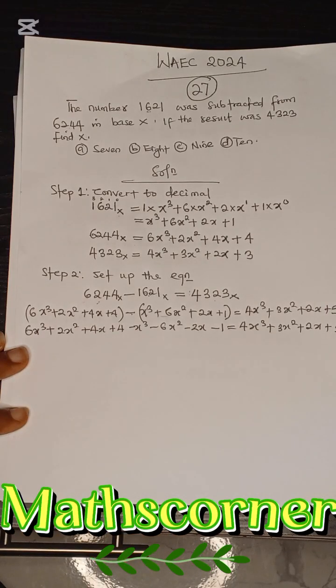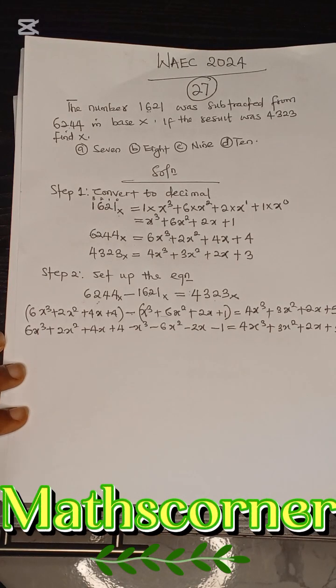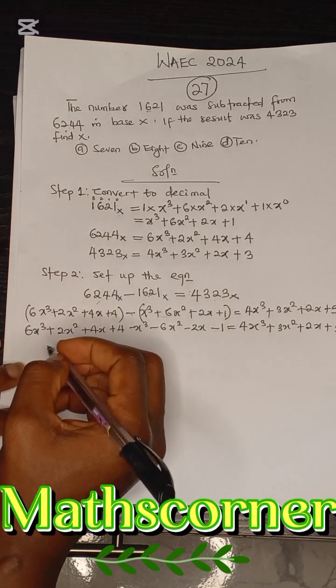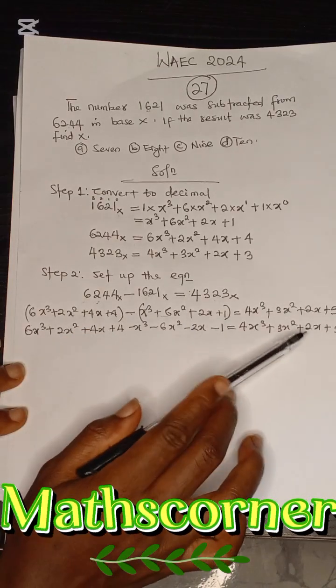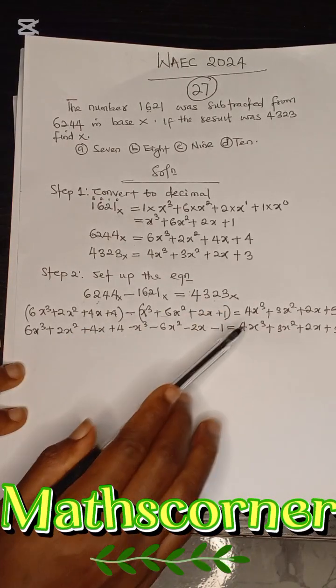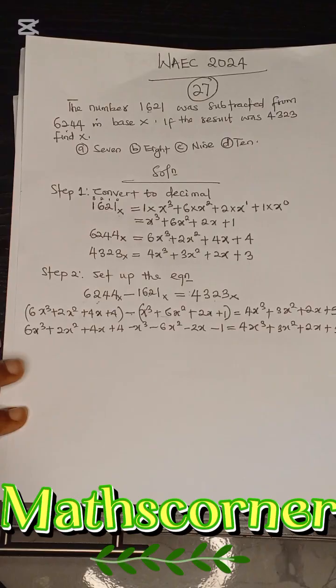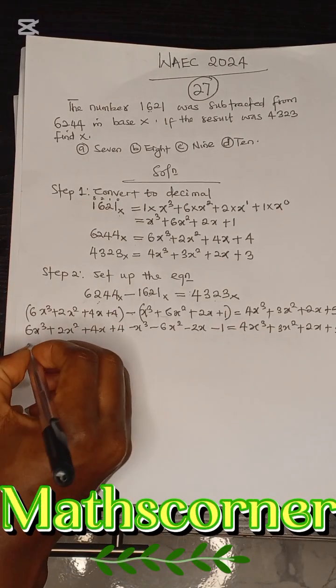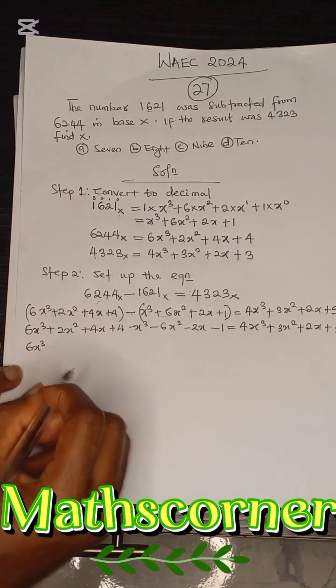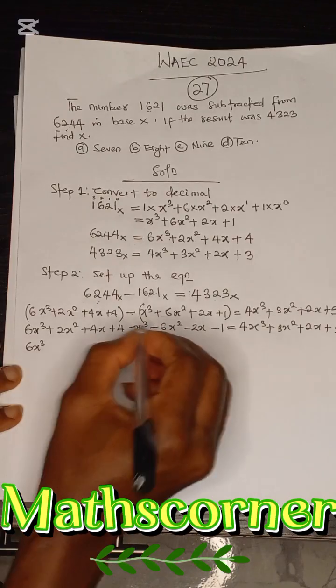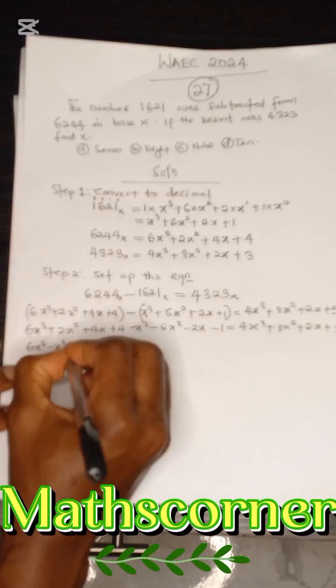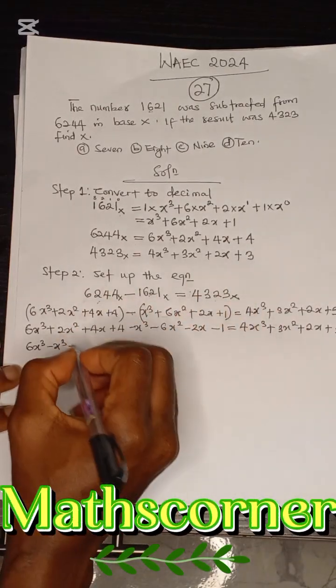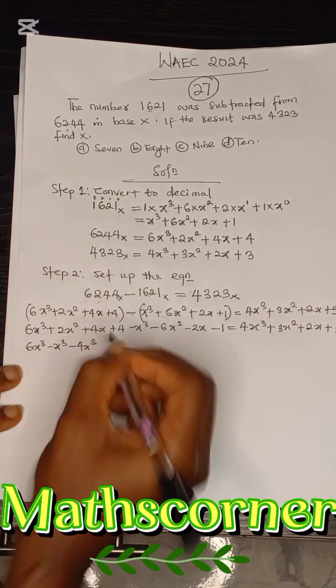All right, so from here we collect like terms. So I'll bring all these terms to the other side and equate this to 0. So this will be 6x cubed minus x cubed minus 4x cubed, I'm done with all the x cubes.